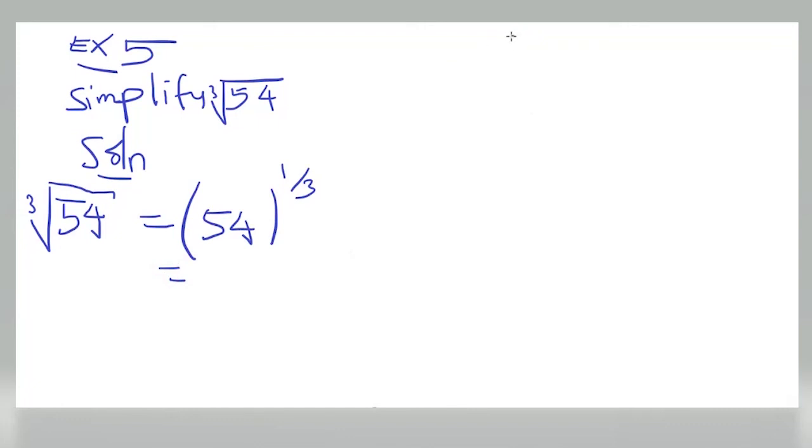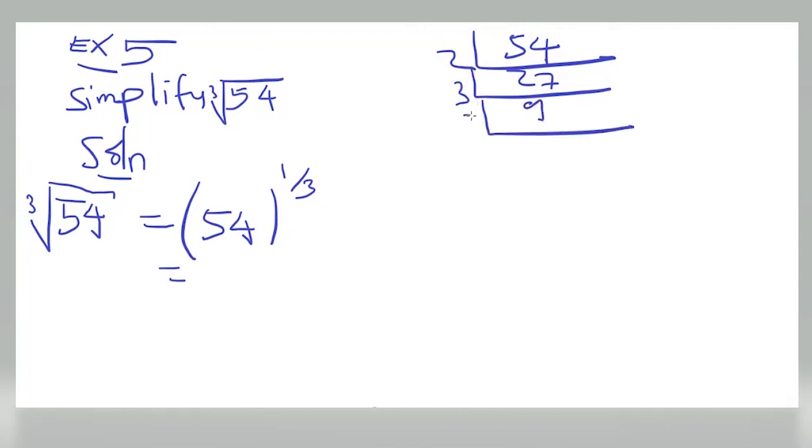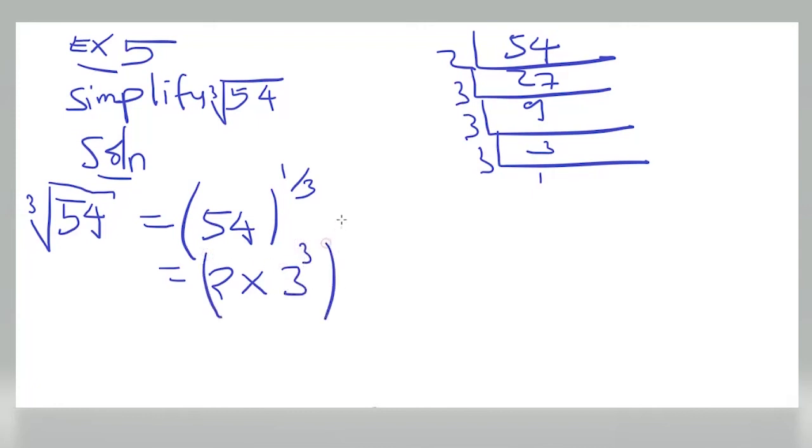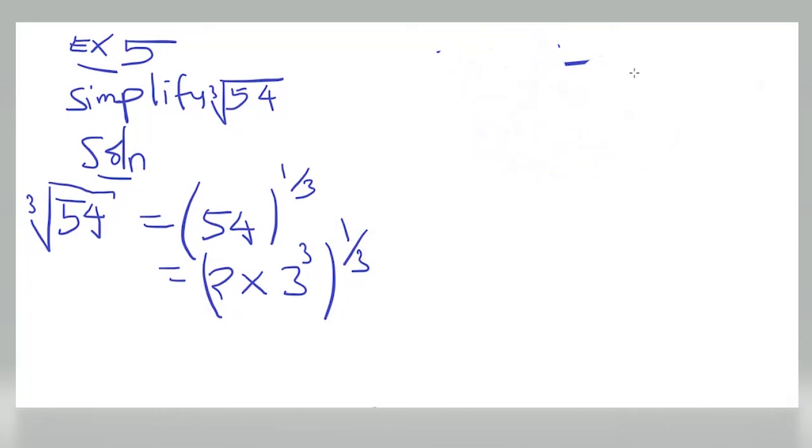Now factors of 54 are: 54 divided by 2 is 27, 27 divided by 3 is 9, then 9 divided by 3 is 3, then 3 divided by 3 is 1. The factors of 54 are 2 times 3 power 3. Inside the bracket is power 1 over 3.